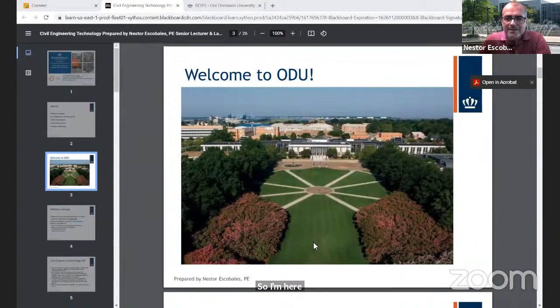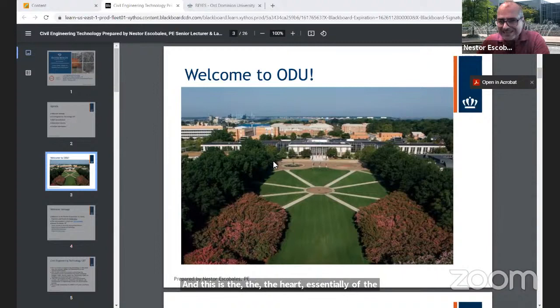So here, what we have is one of the best shots, I would think, we have of the campus, a very large university. It's like a city, if you think about it, because it has all of the buildings spread all over a large surface area. And this is the heart, essentially, of the university.